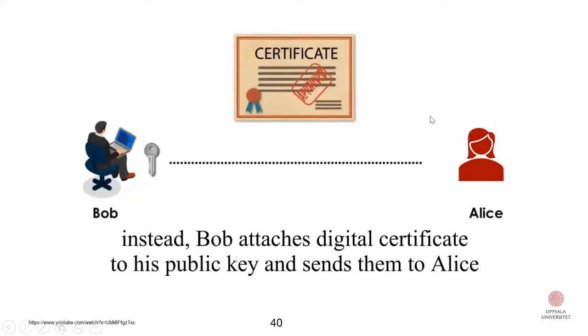So in this case, an attacker cannot pretend that they are Bob and send messages instead. But the previous attacker could pretend that he or she is Bob. This is not possible in this case.